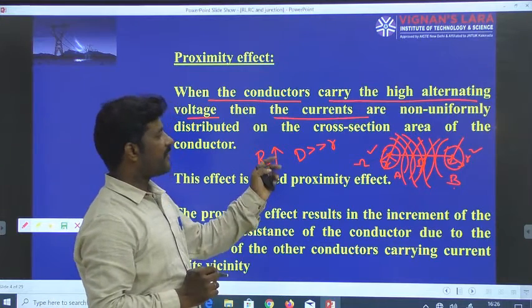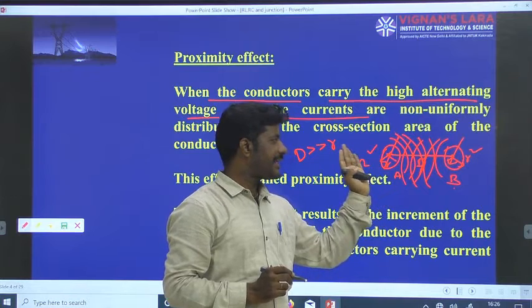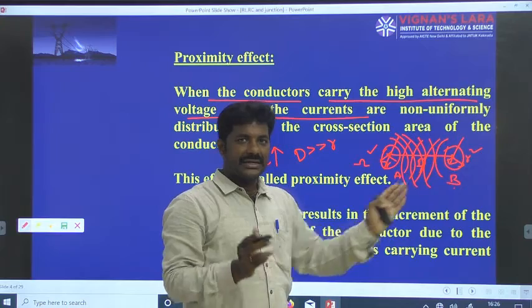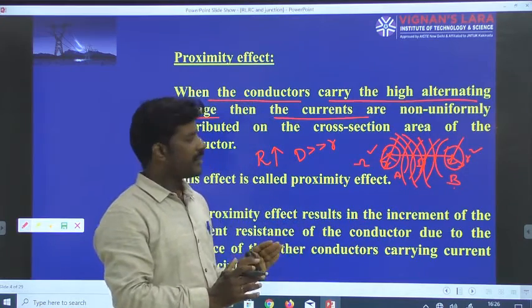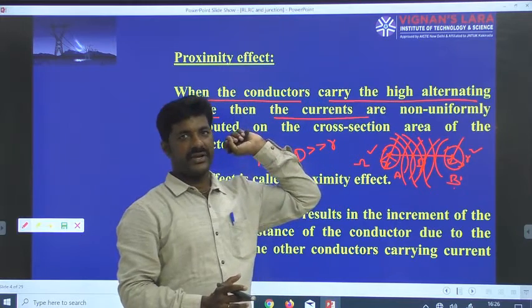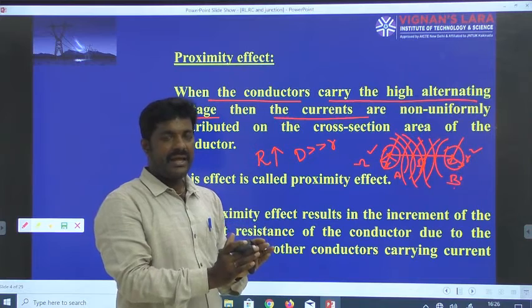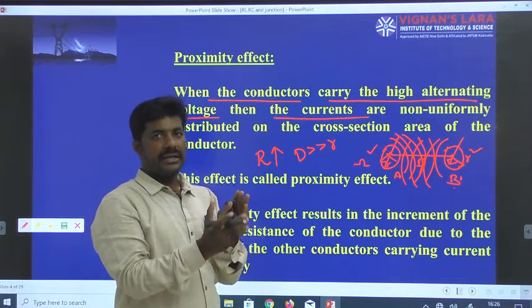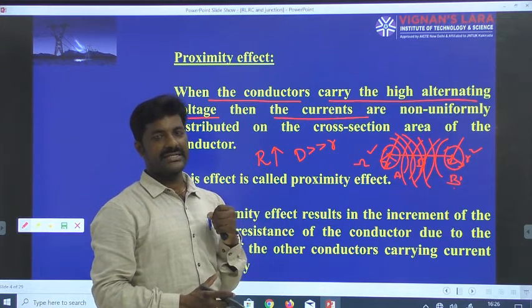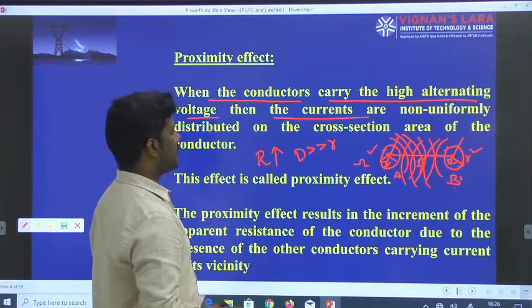So the effect of one conductor carrying current links with its adjacent conductor in the same region. Then the other conductor is subjected to this proximity effect. Proximity means within its vicinity, within its area; if they are located there and the current is non-uniformly distributed because of the various flux linkages, such a phenomenon is called proximity effect.